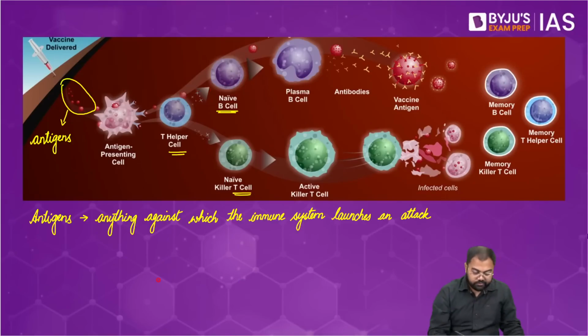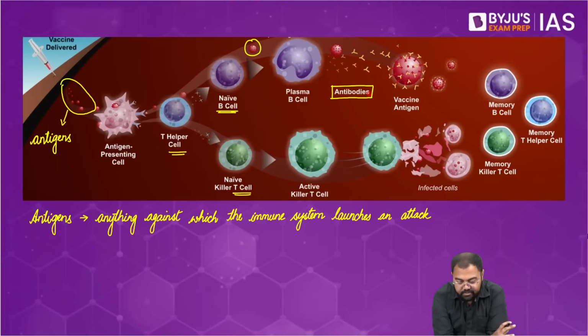Now, the role of the B cells is to analyze this antigen. They would analyze this antigen and they would produce something called antibodies against these antigens. Now, these antibodies basically are proteins. Most of the time these are proteins which are produced, and in a manner, they are like lock and key.